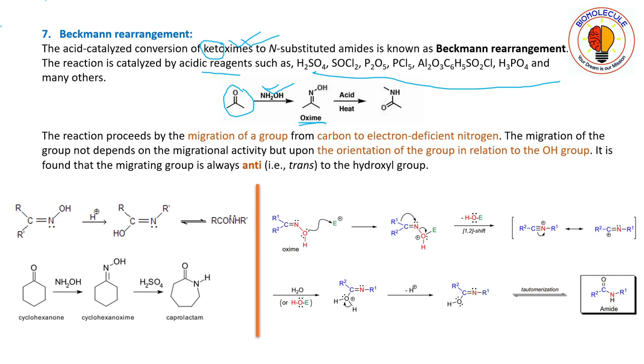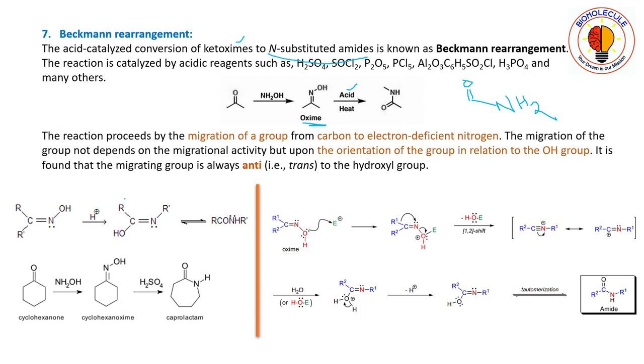So you are getting here oxime. Now this ketoxime further treatment with any acidic reagent will give you N substituted amide. So what is amide? Amide is CONH2. This is the amide group.